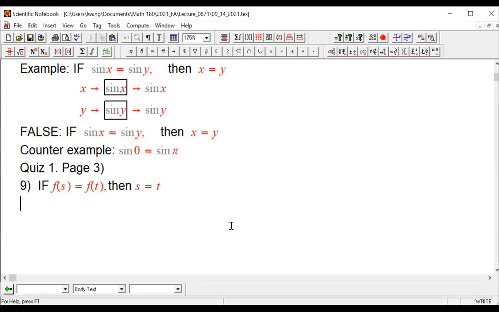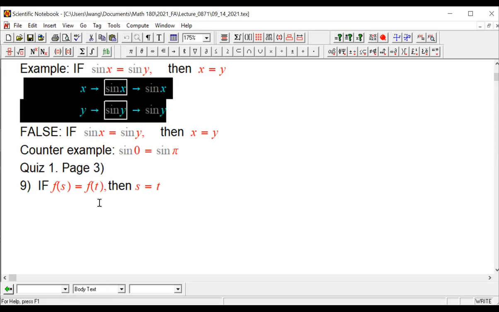Is this true or false? It's essentially saying the same thing, but mine is an example.